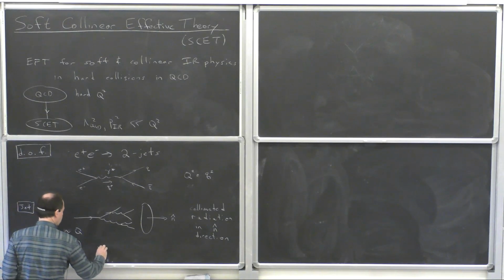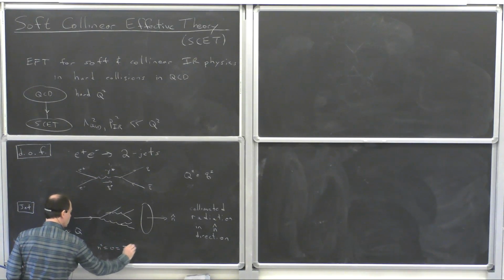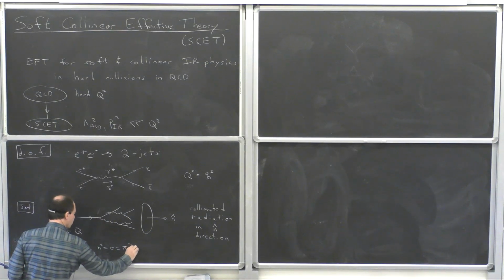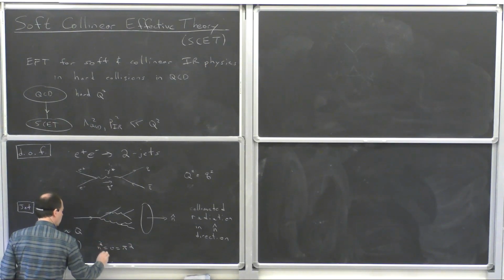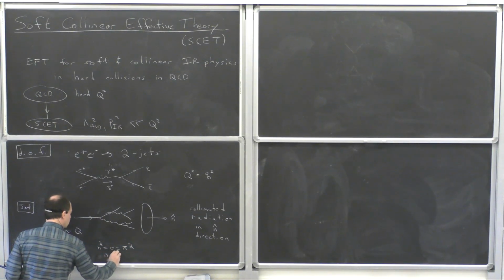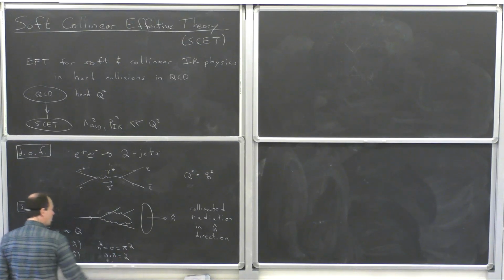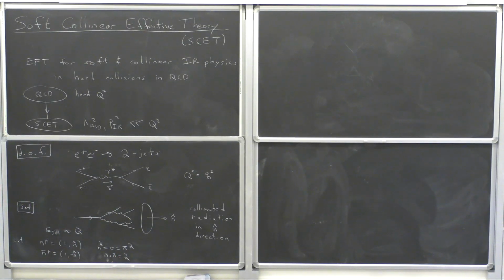And n squared is 0, and so is n bar squared. And in my normalization convention, n dot n bar is 2. So these are just some basis vectors like x, y, z, but we're using light cone here.